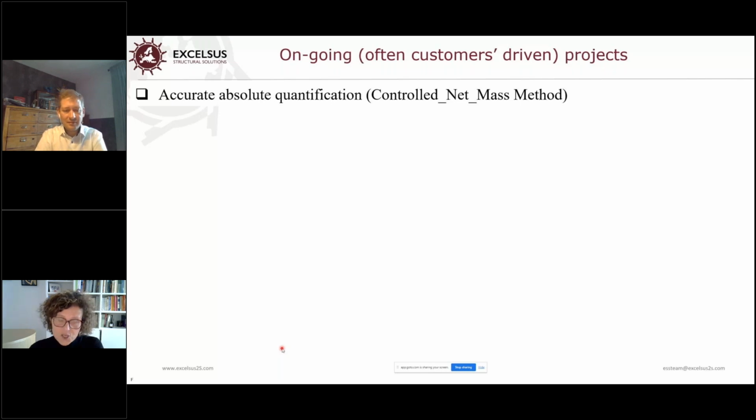of the quantification. It is not always possible to perform quantification based on Rietveld refinements, especially if we are quantifying very small traces. It is not always possible to have a very good model.